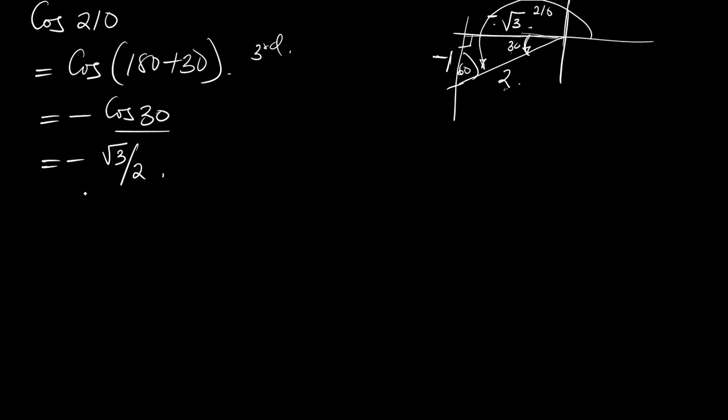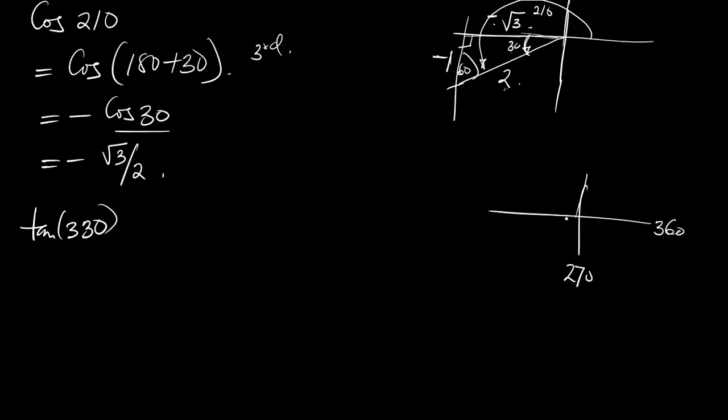Then the next one is tan 330. The next one is tan what? 330. So tan 330 is more than 270 and less than 360. So it falls in the fourth quadrant.